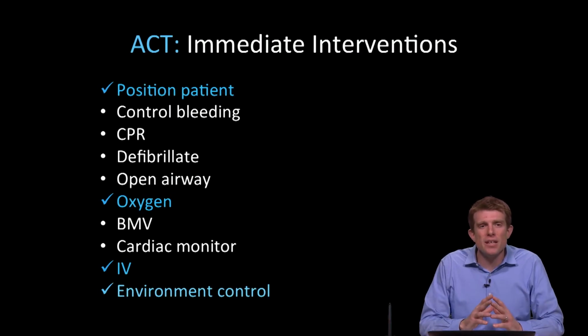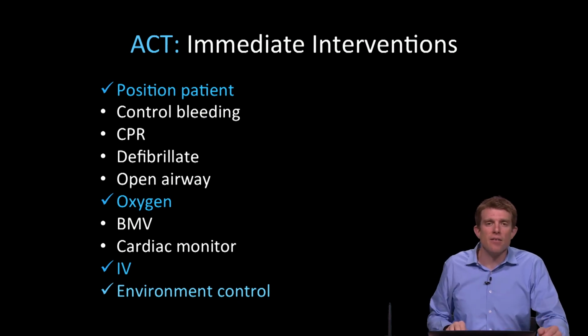So our immediate interventions in our burn patients typically revolve around positioning the patient, administering high flow oxygen, placing an IV in a non-burned area, and controlling the environment and setting up a clean environment for that patient.